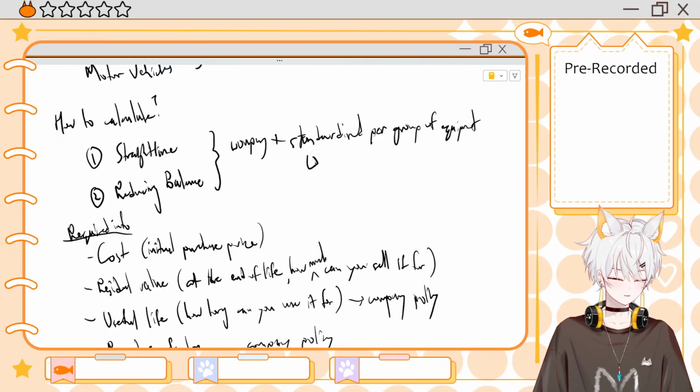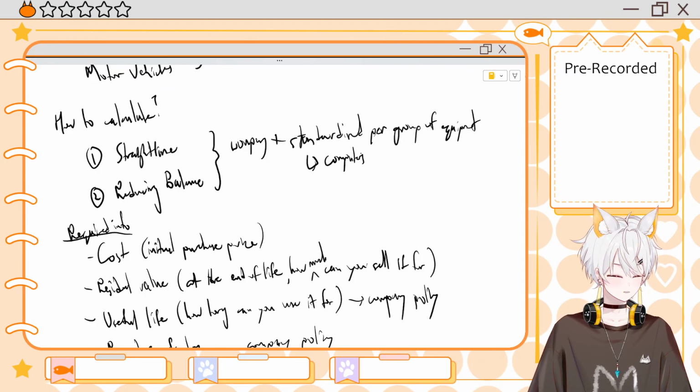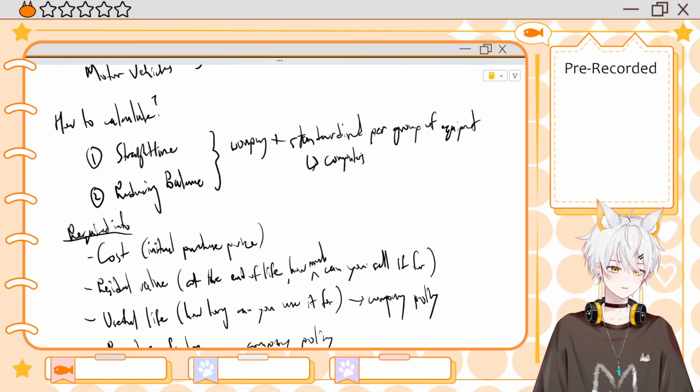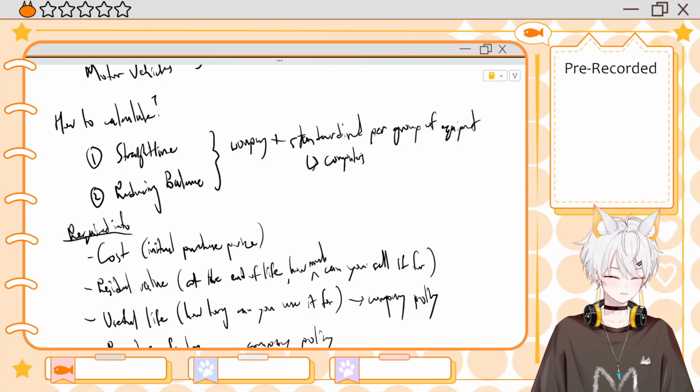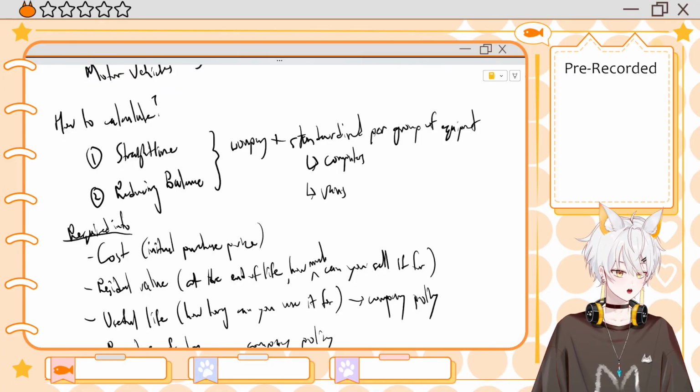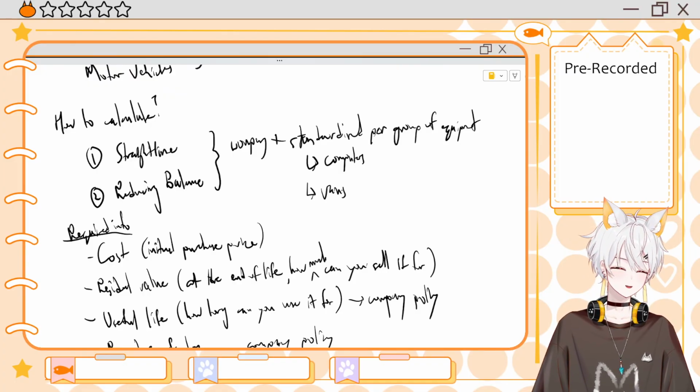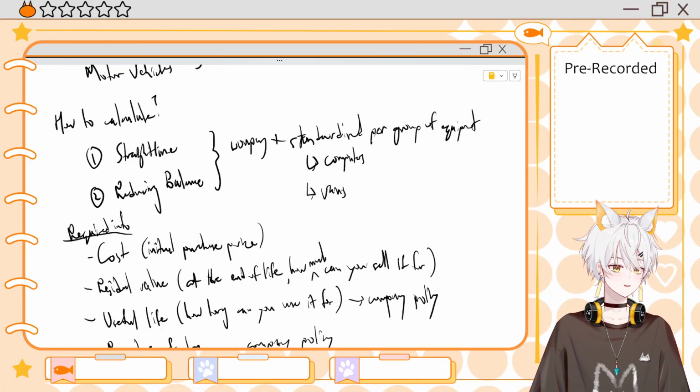For example, your computers: if you choose to depreciate by reducing balance method, then all your computers should be under the same policy. Maybe you can classify vans as another group, and all vans should be depreciated under the same method. So you can choose between the two, but you have to keep it standardized across one group of equipment.